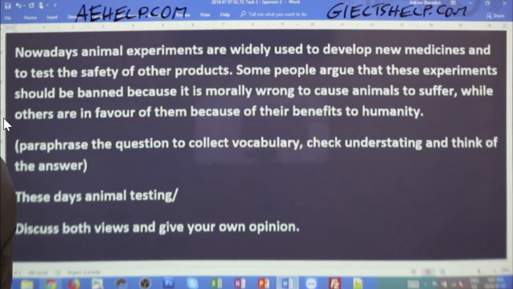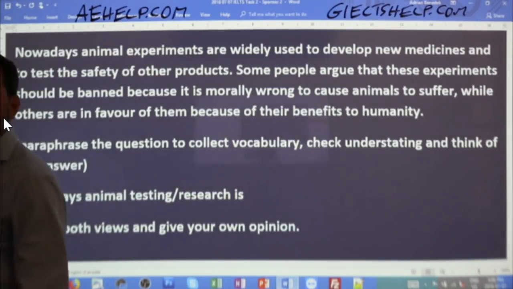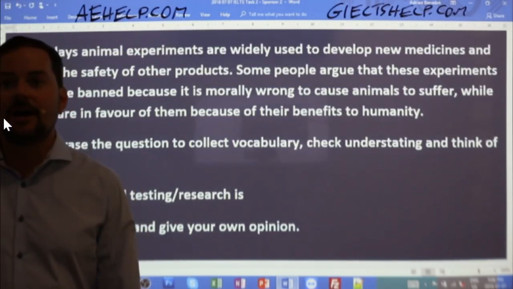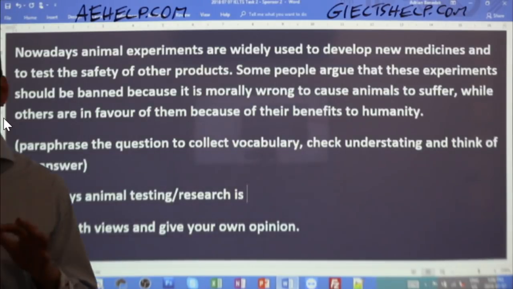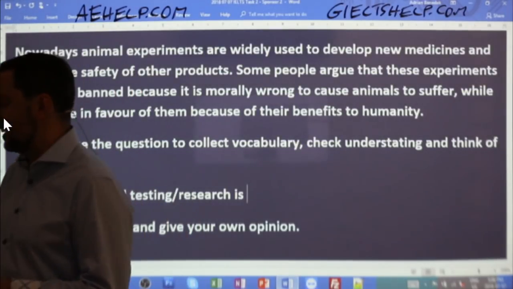Or another way would be, let's see if anybody else comes up with it, research would be another word, right? So animal testing, research is widely used. Investigation is not the best, Arcana. Research is definitely better.